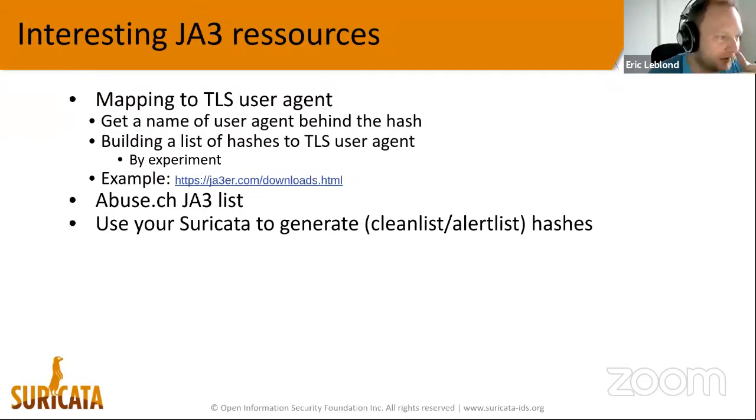You can also detect bad GS3 hashes, and one list is published by abuse.ch. You can also use Suricata, thanks to the dataset option. We will not go into detail, but you can generate a clean list and an alert list to generate events and alerts based on hashes that you know are good and hashes that you know are bad.